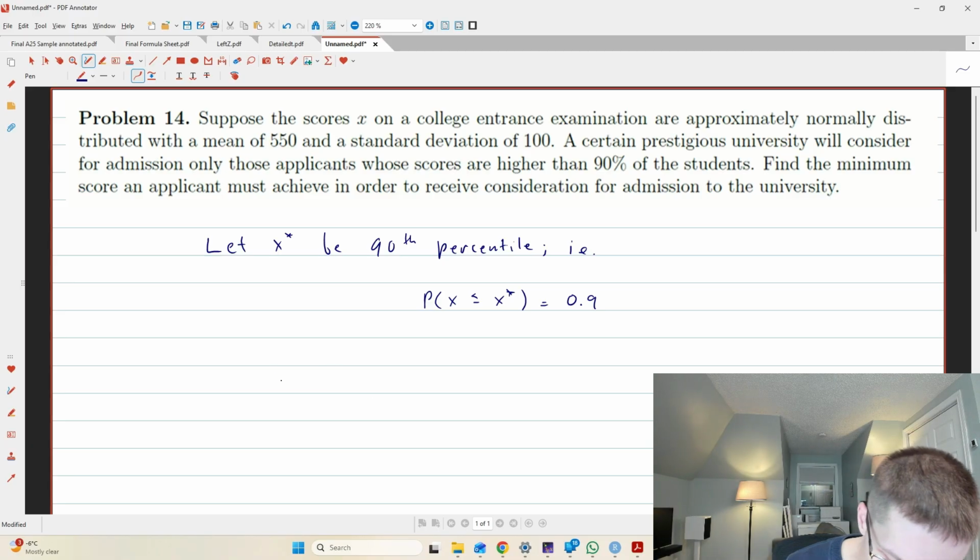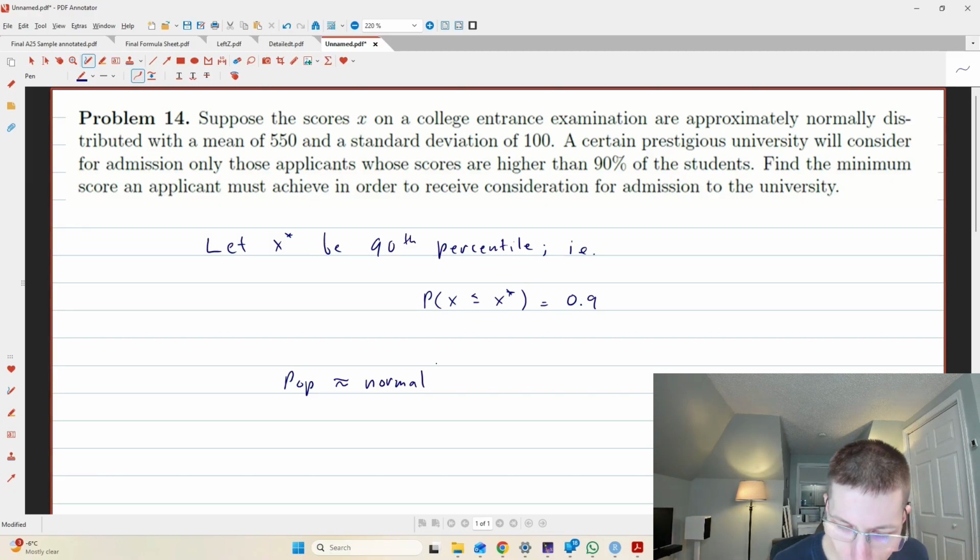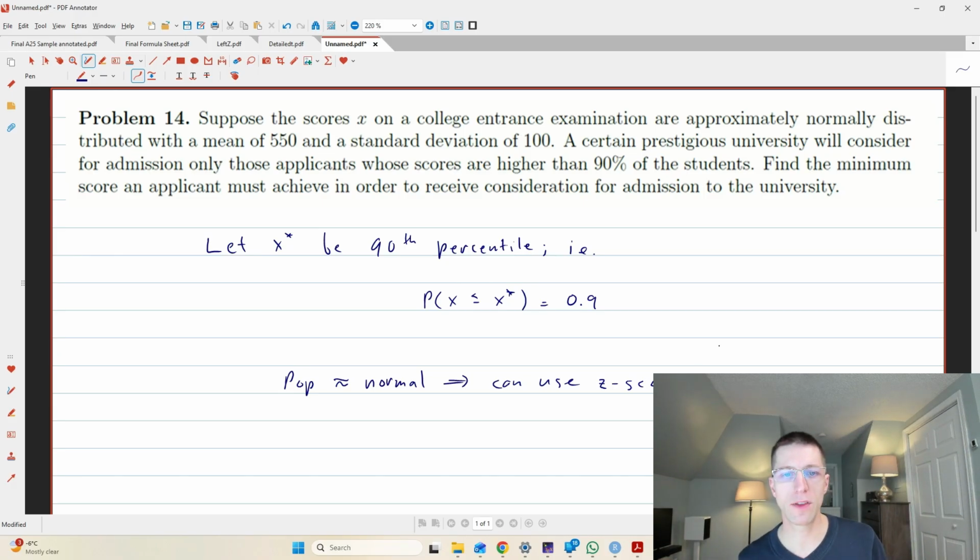So we have: population approximately normal, can use Z score. That gives us access to the table and allows us to figure out what this percentile is.